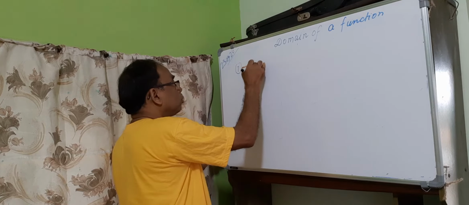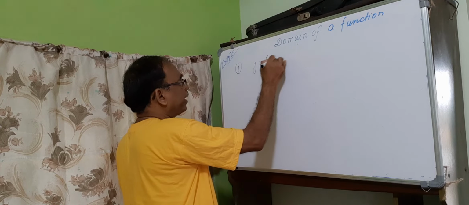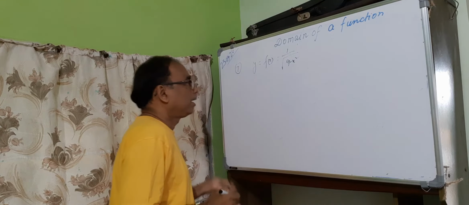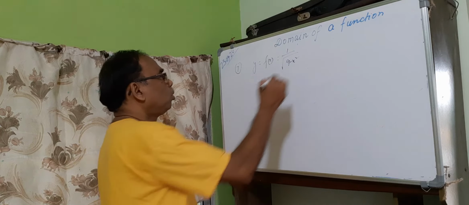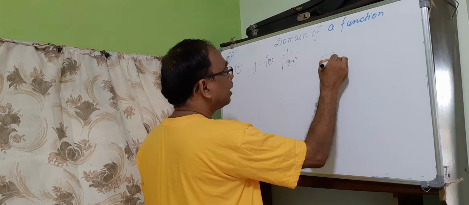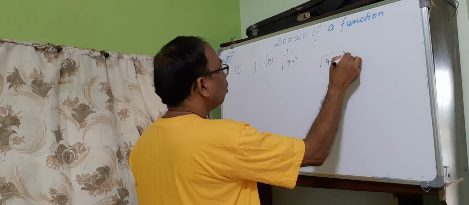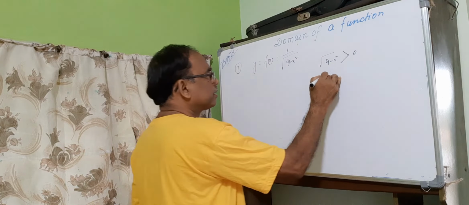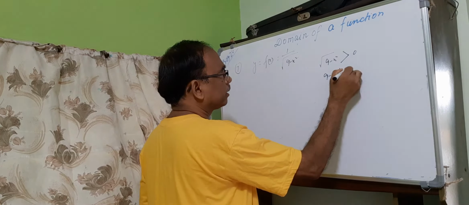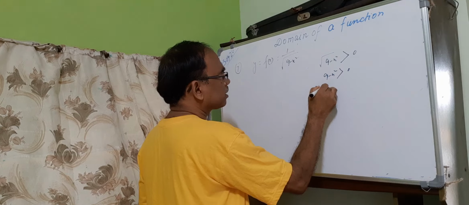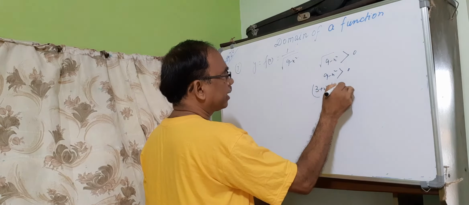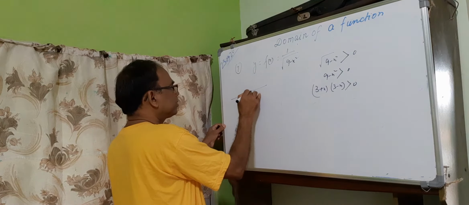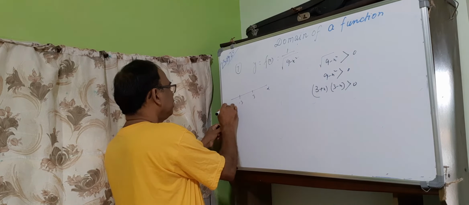Sum number 7. Let y equals f(x) equals 1 by root of 9 minus x square. I told you in my third law, this should be only greater than 0. Squaring both sides, 9 minus x square greater than 0, that is (3 plus x)(3 minus x) greater than 0. Now, just like the previous one, minus 3, infinity, minus infinity.